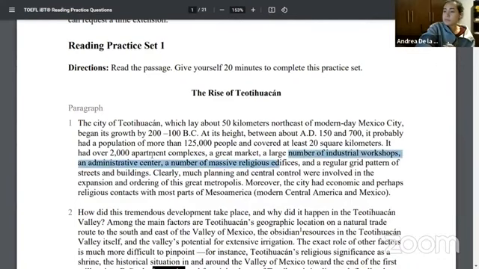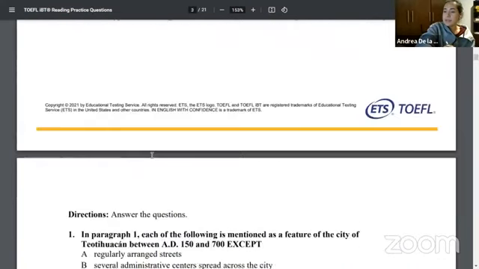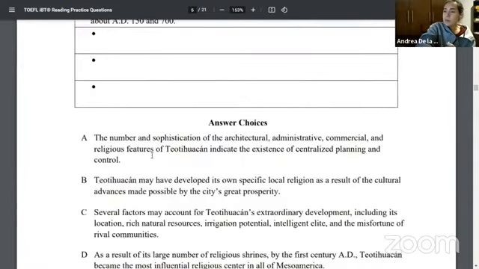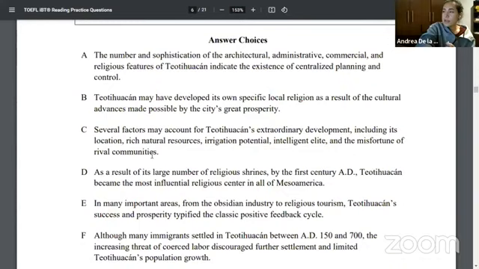So basically that idea was mentioned in the introduction, right? So look at how everything that I'm saying is reflected in the options, right? Option A, idea from the introduction. Option E, idea from the conclusion.